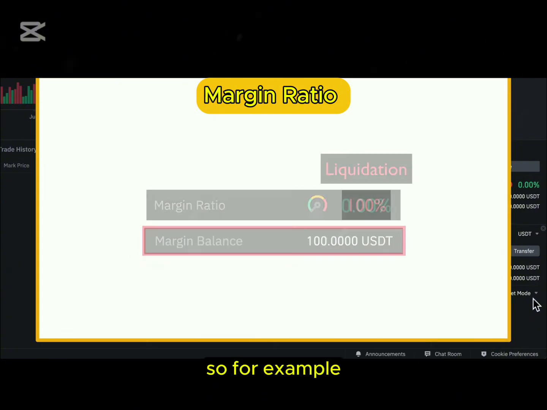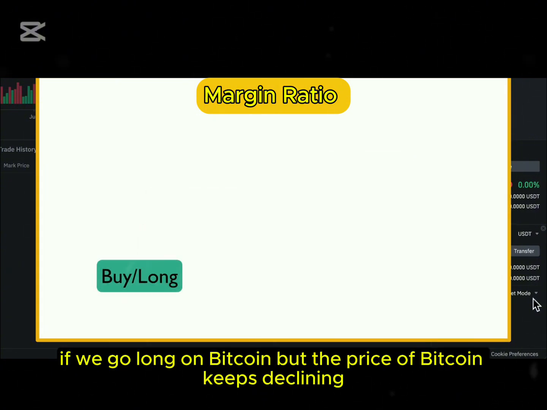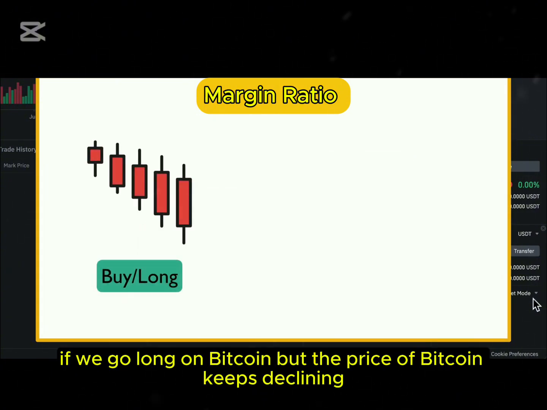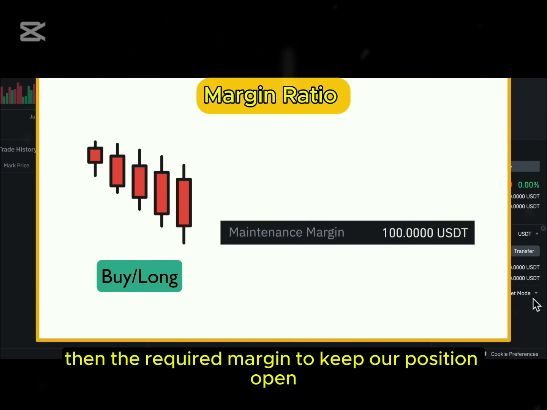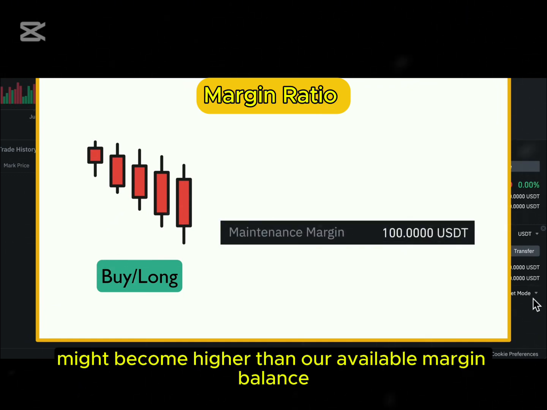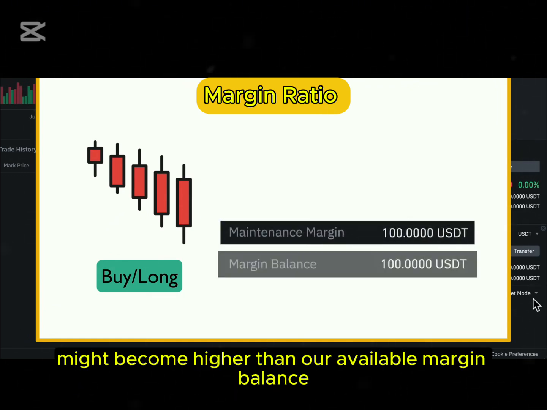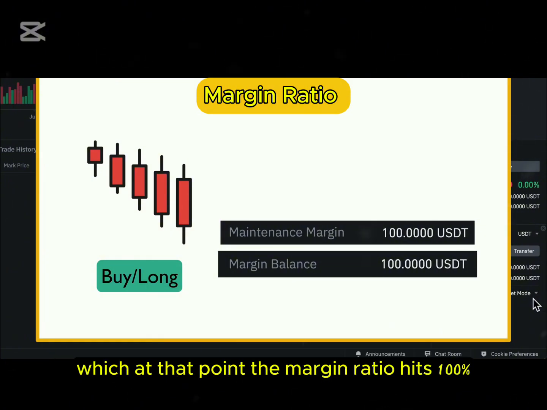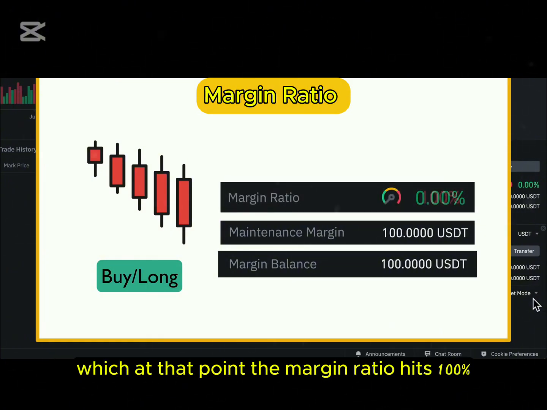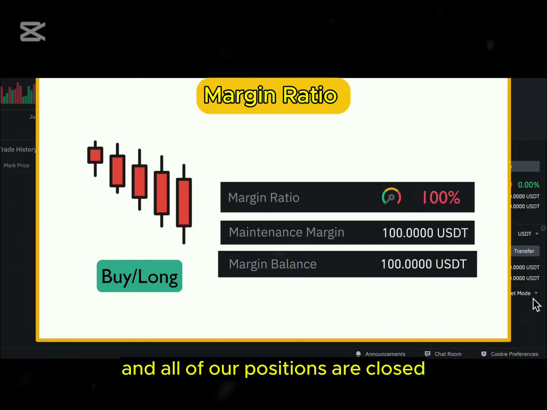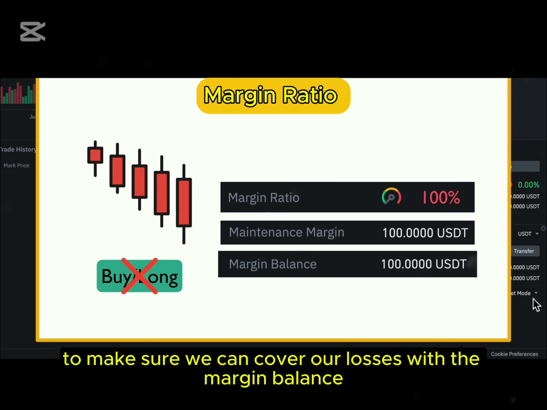So for example, if we go long on Bitcoin but the price of Bitcoin keeps declining, then the required margin to keep our position open might become higher than our available margin balance, at which point the margin ratio hits 100%. And all of our positions are closed to make sure we can cover our losses with the margin balance.